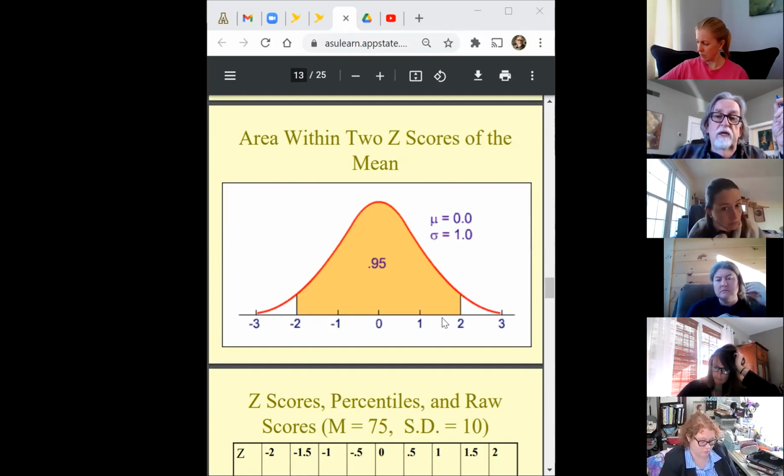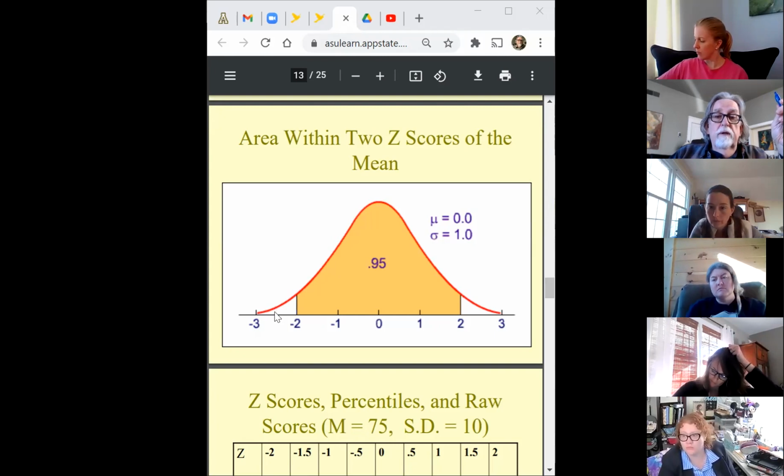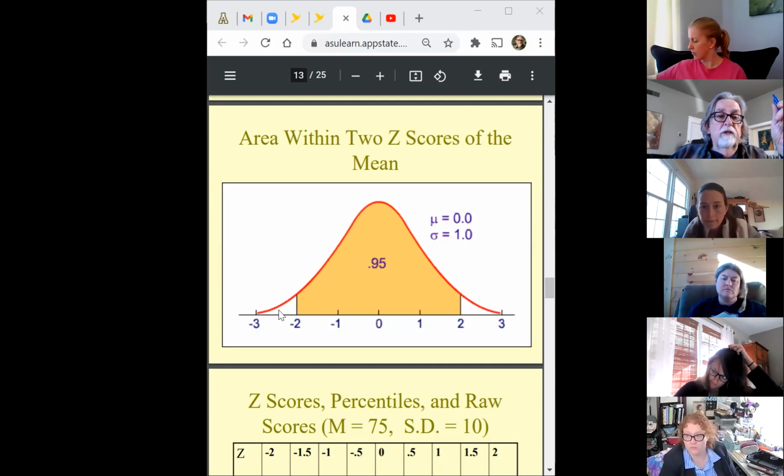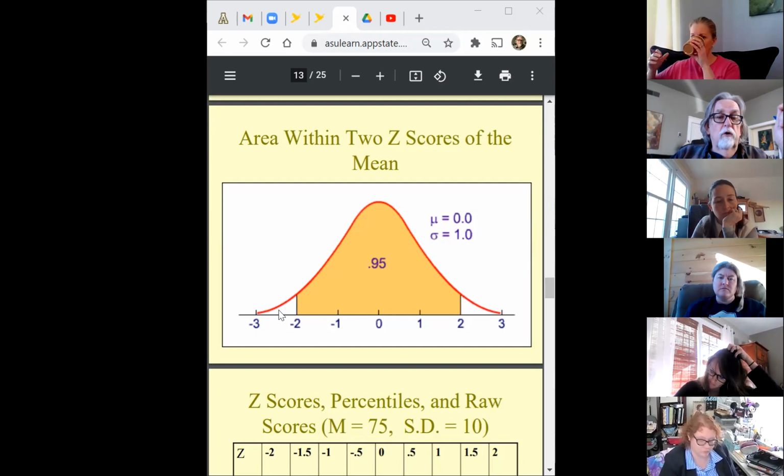They would say that any student that's more than 2 standard deviation units above the mean is very bright or very gifted. And any student that's more than 2 standard deviation units below the mean is delayed. But either one of those students we would consider to be significantly different from the overall group.